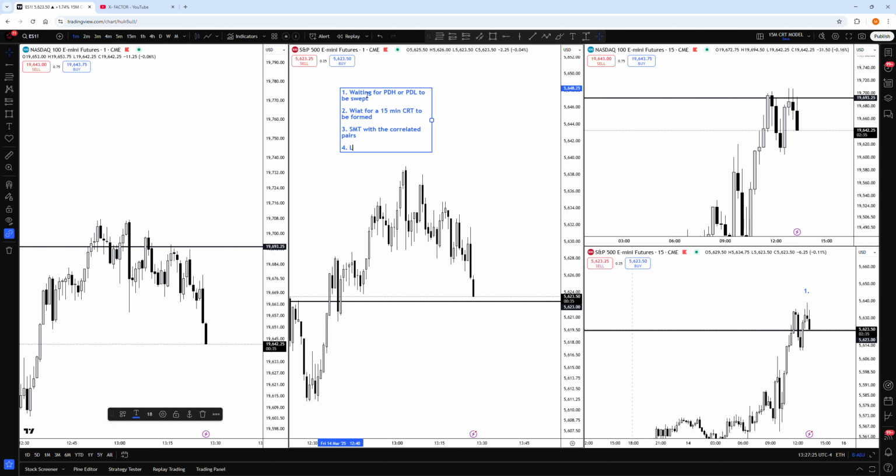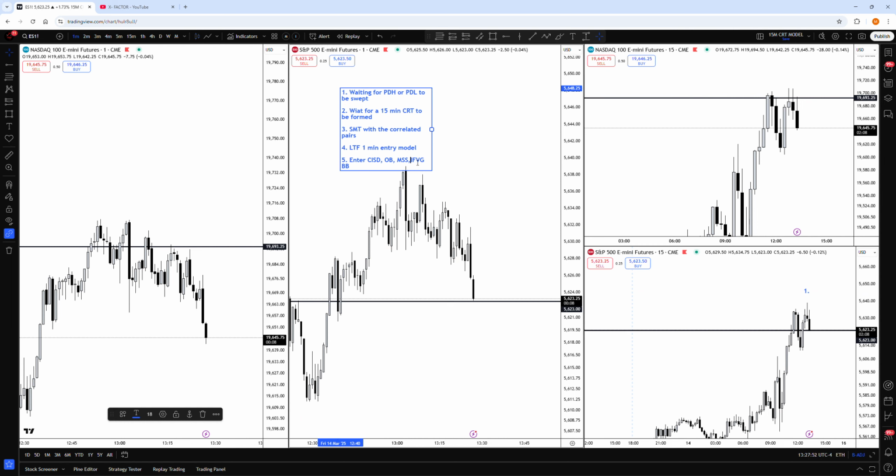We're going to go to the lower time frame, 1 minute, and we're going to look for our entry model. Now, 4 and 5 kind of play into each other here. So you got your number 5 is enter on your entry model. This could be your CISD. This could be your order block, market structure shift, IOVGs, breaker blocks, etc., etc., etc.